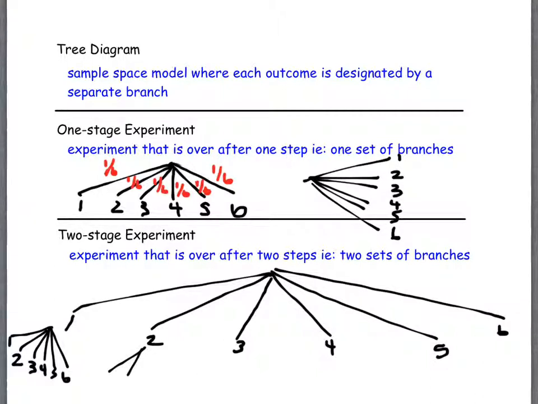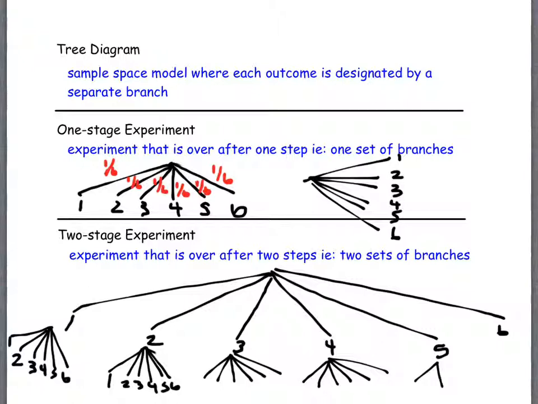And on this one, they're going to have 6 branches, numbered 1 through 6. And I got 7 branches again.